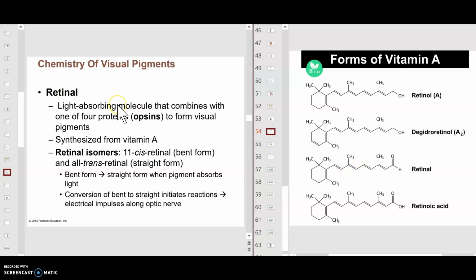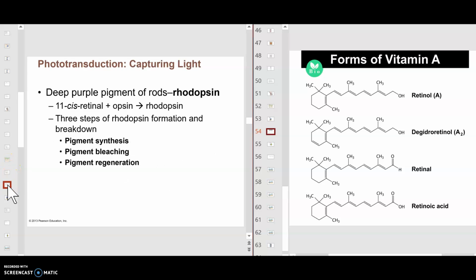We'll come back to that. So it's derived from vitamin A. There are two types that we'll get into, the 11-cis retinal and the all-trans, and we'll talk about that in just a second. So I go back here.